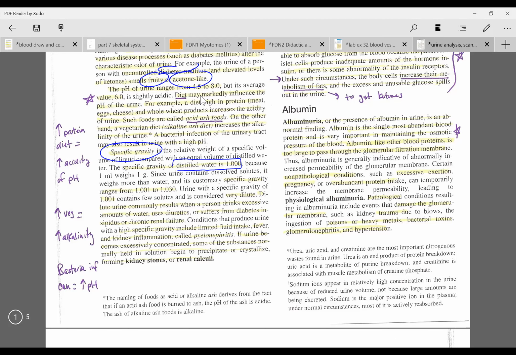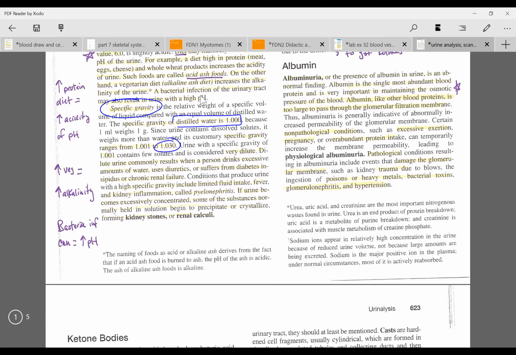When you start adding chemicals and components and solutes, you're adding things to water, which will make it heavier. So the specific gravity, because of the solutes, can increase the score. For example, 1.030 would be a high urine score.